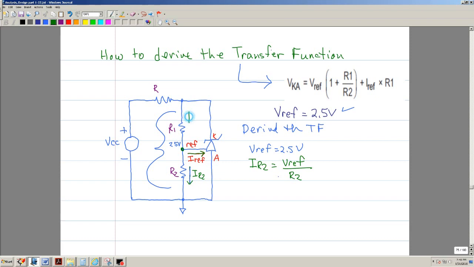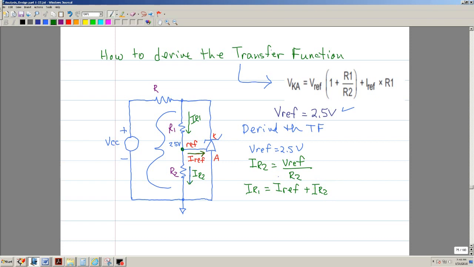So then we have this current, and we can say that it's IR1. Okay, so just by looking in here, we can say that IR1 is equal to the summation of these two, which is IREF plus IR2.